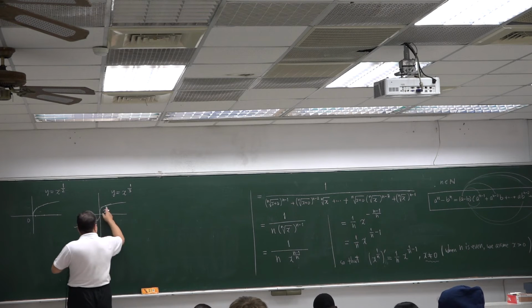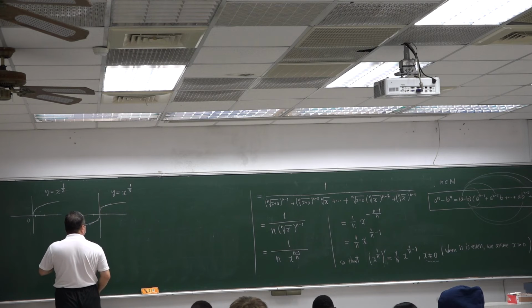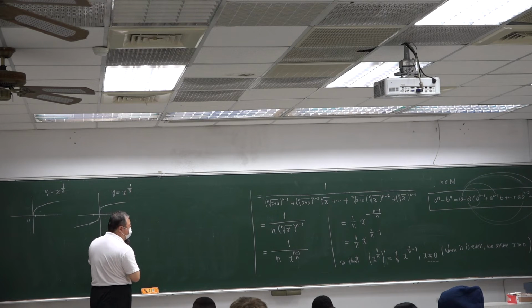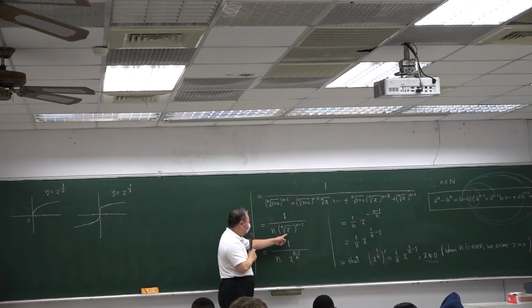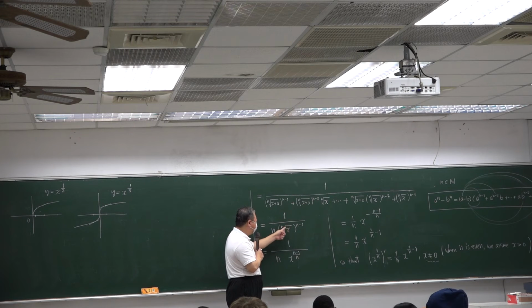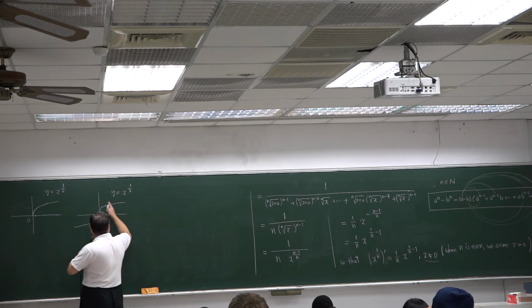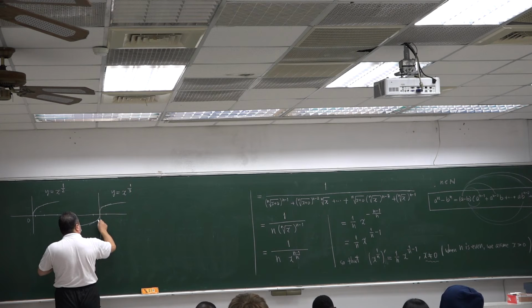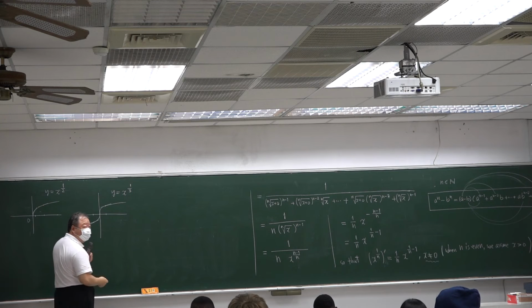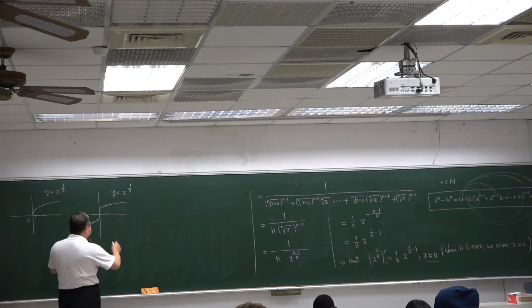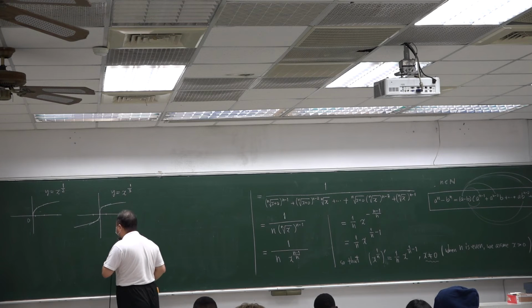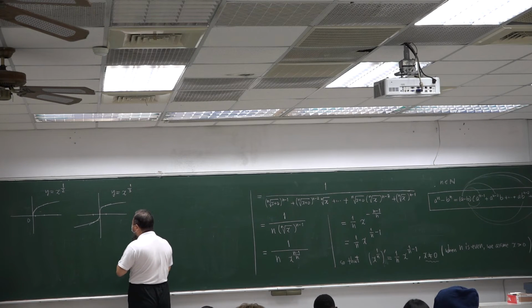The slope here and here are the same. When x approaches 0, this one goes to 0, and this is constant 1, so the slope goes to infinity. This means this curve has a vertical tangent here, at the origin. There is a tangent line to this curve at this point.